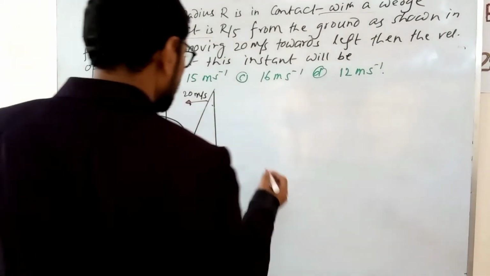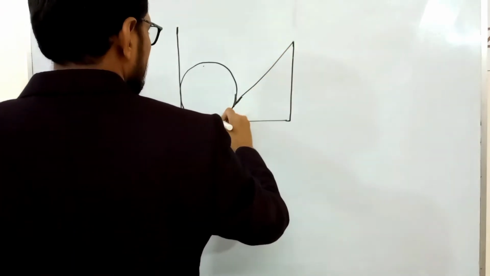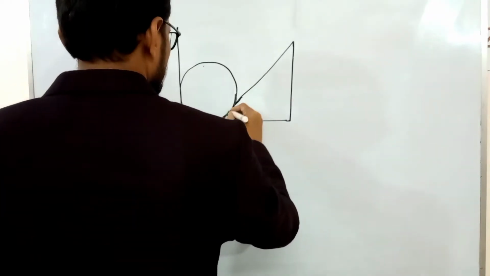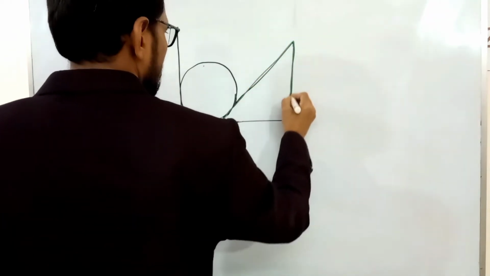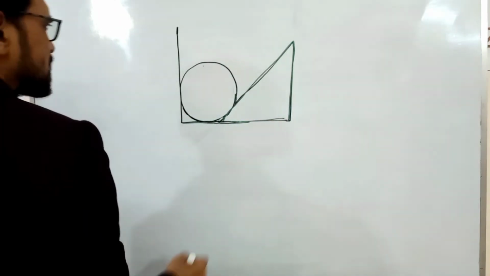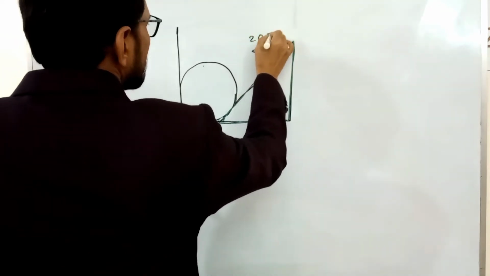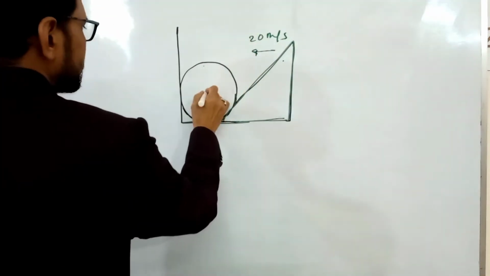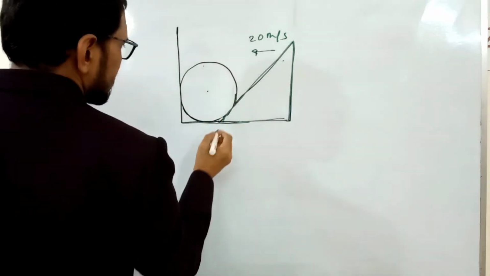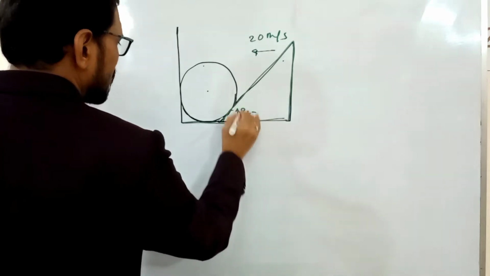Now, if we draw the solution of this problem, the wedge moves in this direction at 20 meter per second, and the contact between wedge and the sphere is r by 5 distance from the ground.